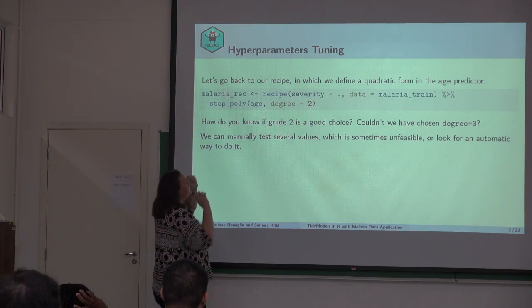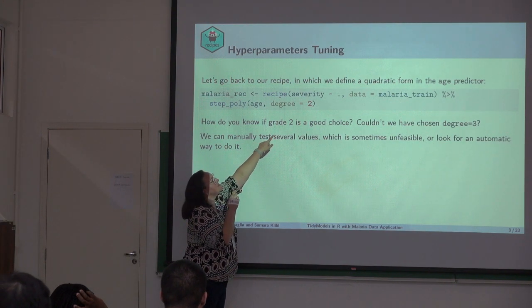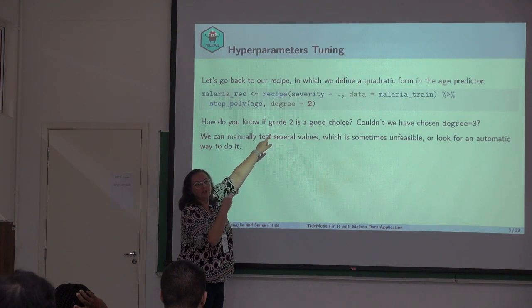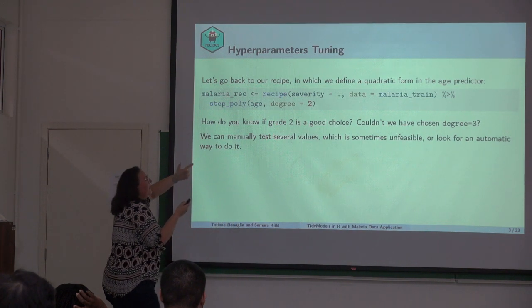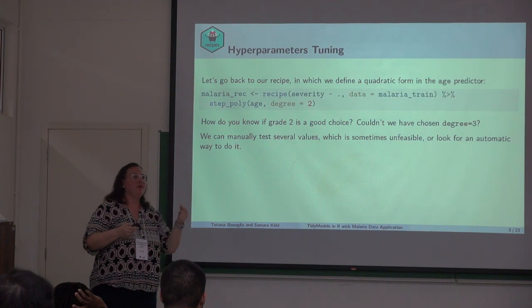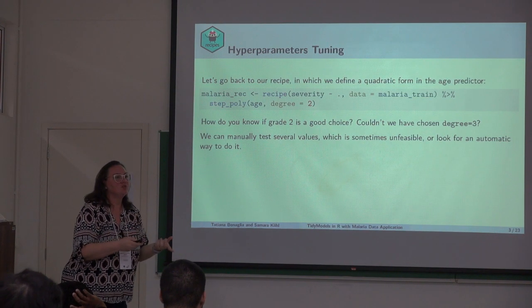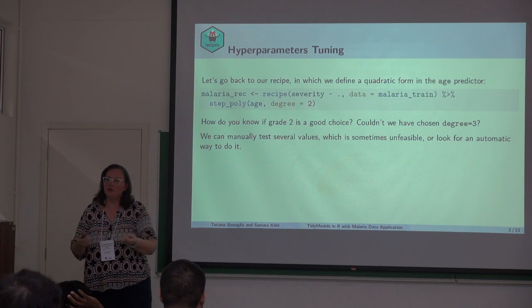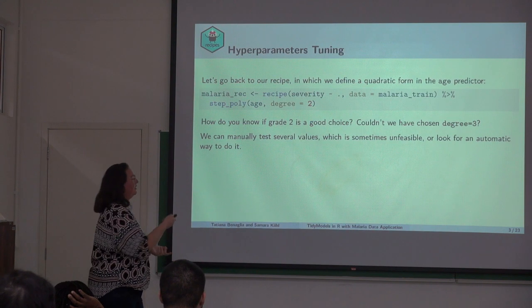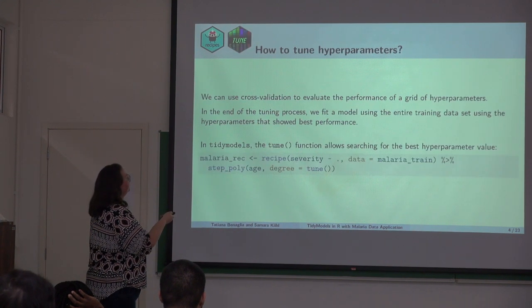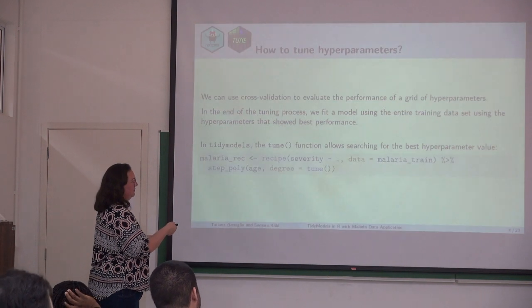I want to tune this degree 2. Why 2, not 3? I can test. But do I need to make a recipe for degree 2, a recipe for degree 3? No, I don't have to do that. I can use before. Oh, no. I will do.